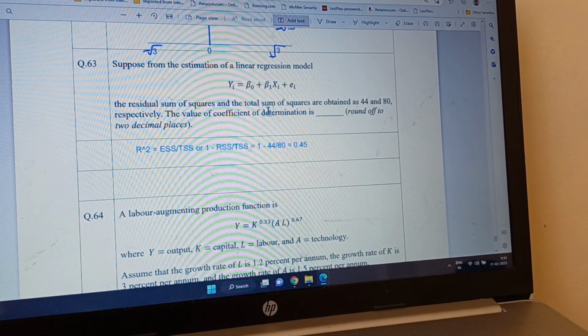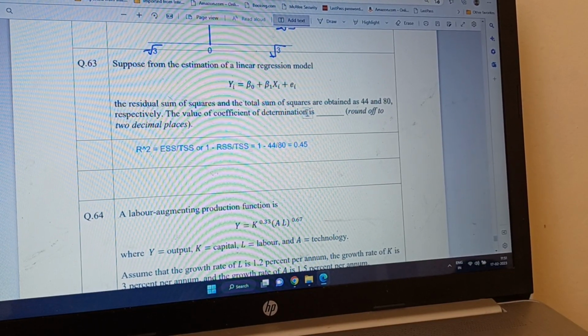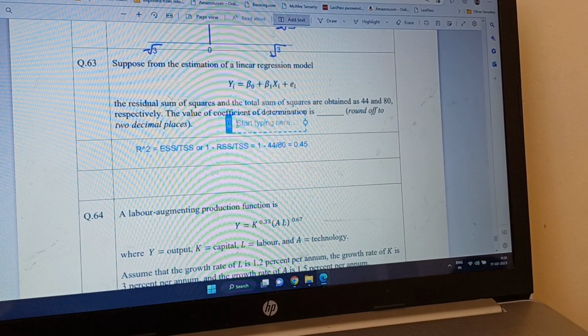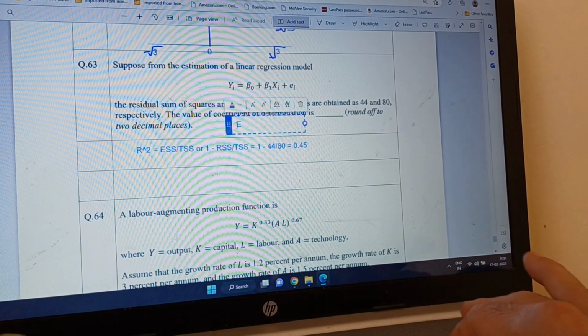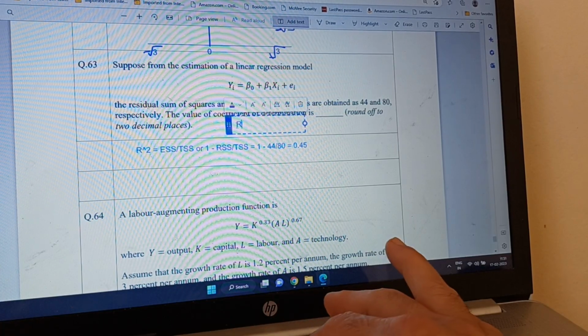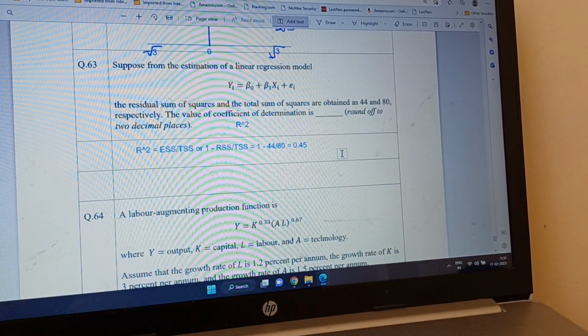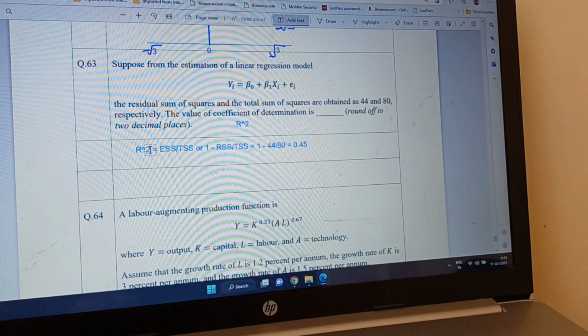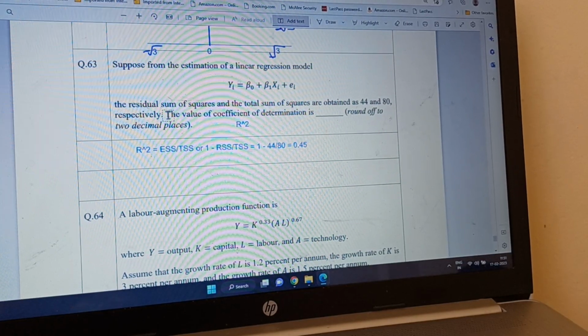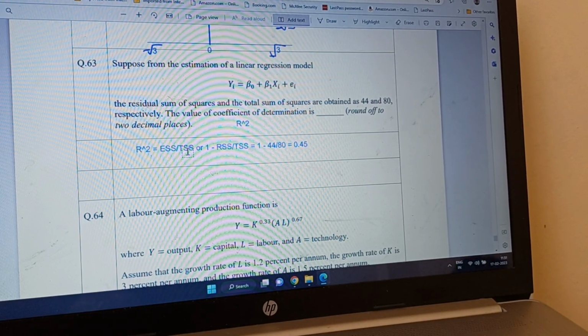The value of the coefficient of determination is, so the coefficient of determination is actually your R square. How do we calculate R square? R square is the regression sum of squares or explained sum of squares divided by the total sum of squares.